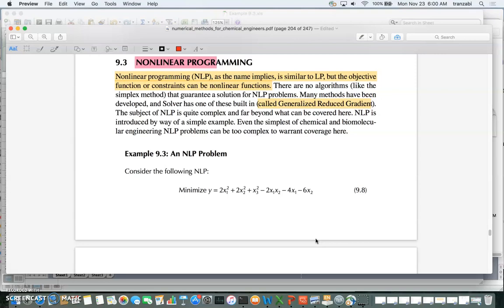So as an example, we'll look at example 9.3 of the textbook. It's a pure mathematical problem at this point. I think there is not any engineering interpretation for this problem.